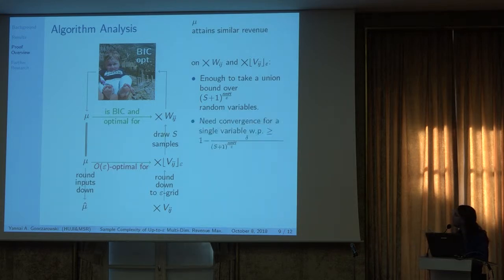So we're going to take a union bound over that, which means that for a single variable, we're going to need non-convergence with probability at most delta over the number of variables we're going to union bound over. Which means that we need the number of samples to be roughly the log of 1 over this, which is poly in the parameters of the problem times log s.